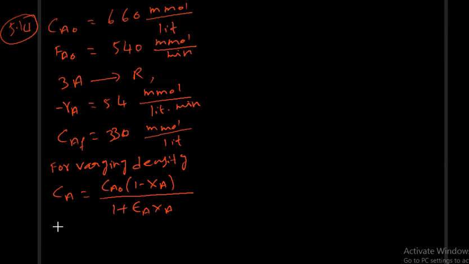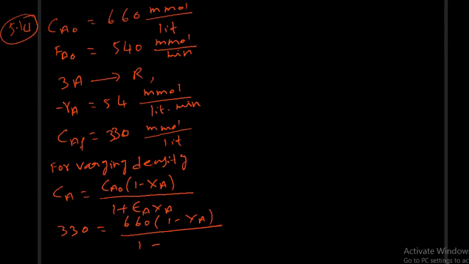So here substitute the values. Ca is equal to 330, which is equal to Ca0 into (1 minus Xa) divided by (1 plus epsilon A Xa).